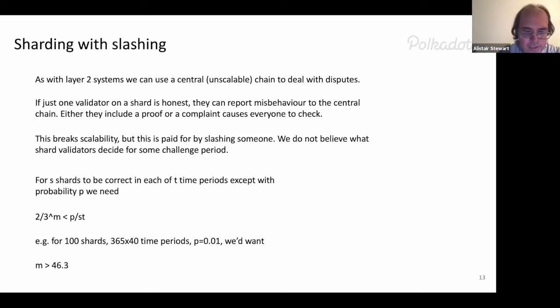And that gives us this number of 46.3, which is a lot smaller than the 338. And this is something we get straight away if we can reduce down to one honest person.